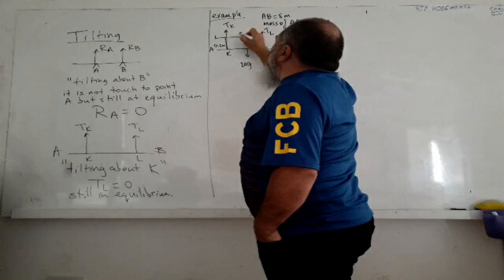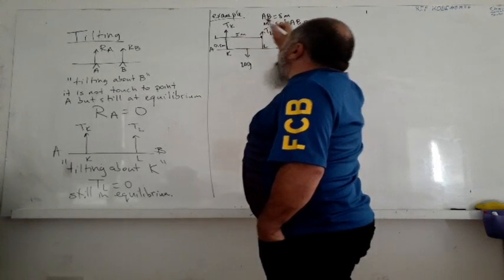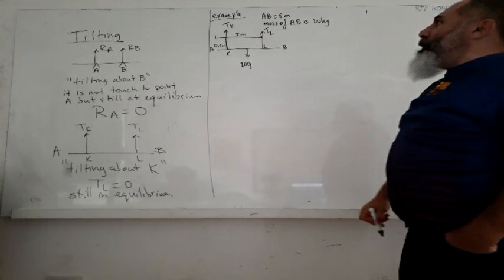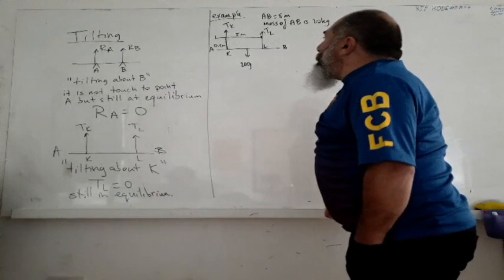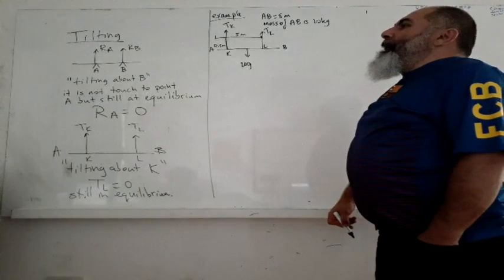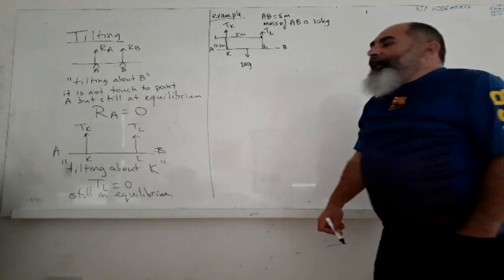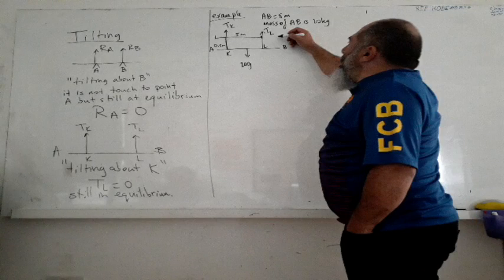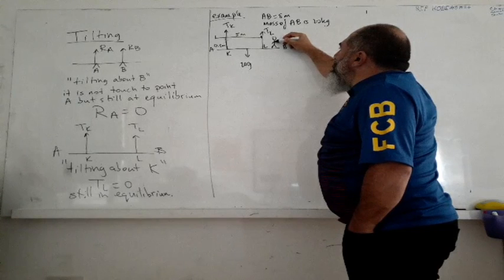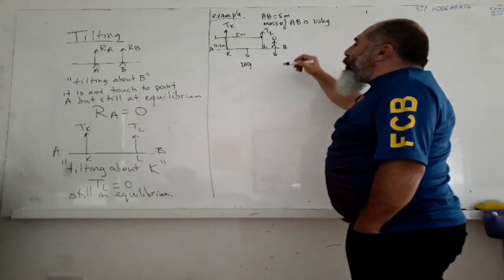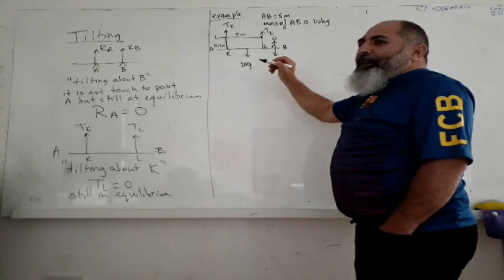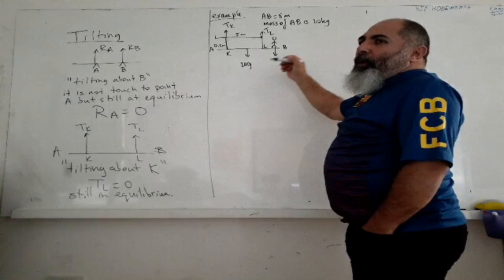Now let's change the position of the painter and put him somewhere here, with a mass of, was it 80 or 85? Say that it was 85 kilograms.